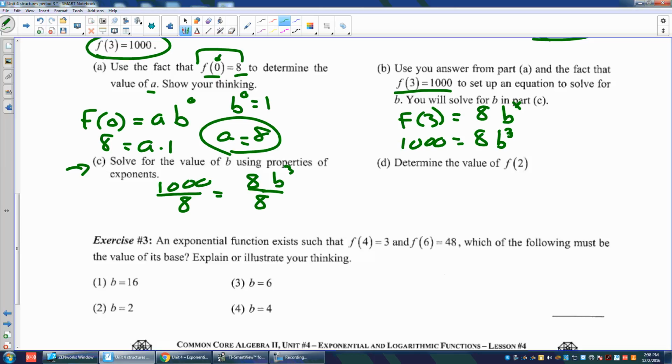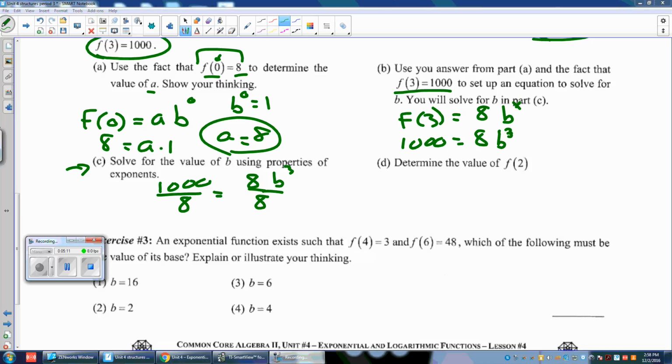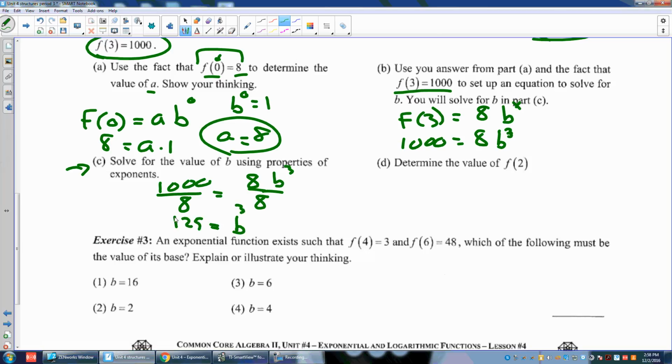Divide both sides by 8. So 1,000 divided by 8 is 125. 125 equals b cubed. Now, this is where they say use the properties of exponents. You should know that the cube root of 125 is 5. We know the powers of 5.